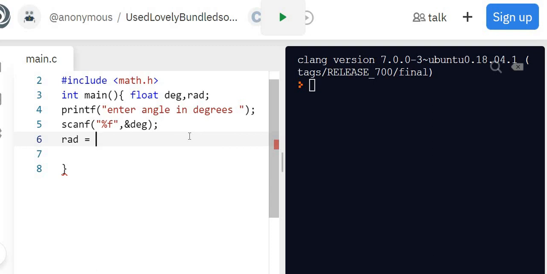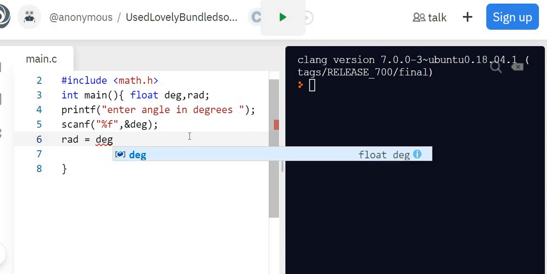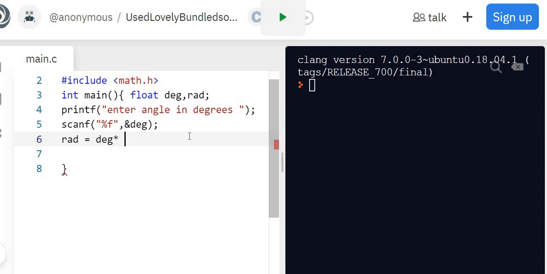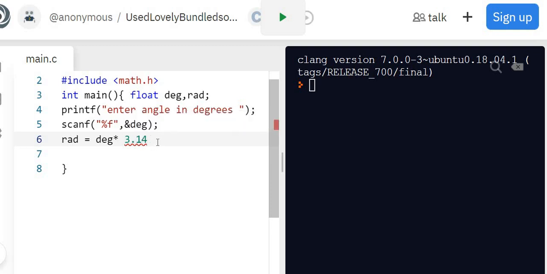So that will be equal to the angle in degrees multiplied by pi, that is 3.14, and divided by 180 will be the answer in radians. Okay.